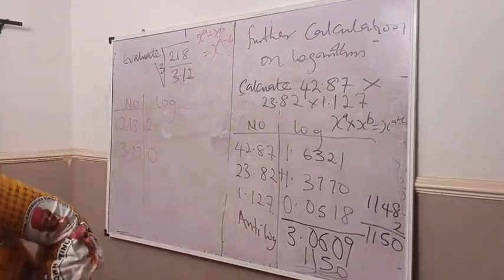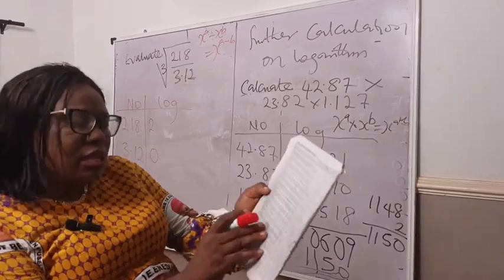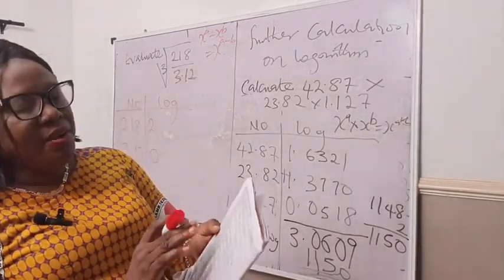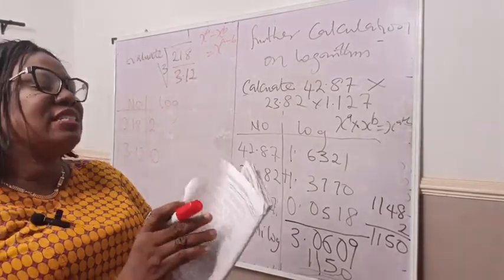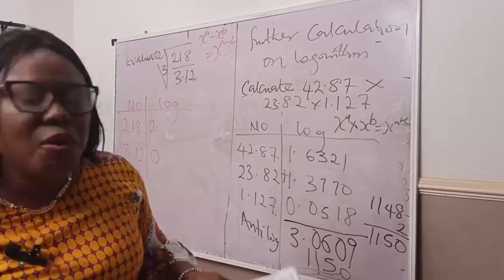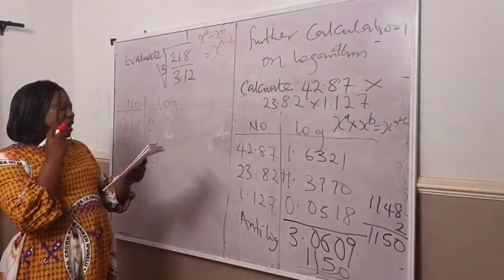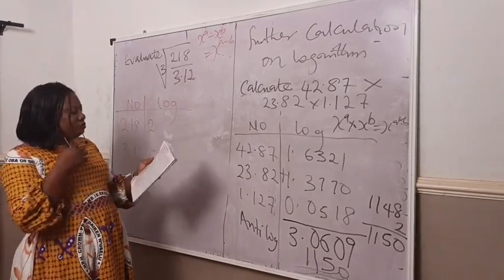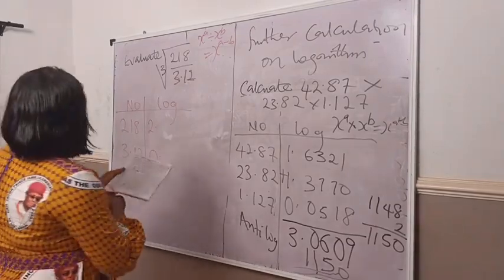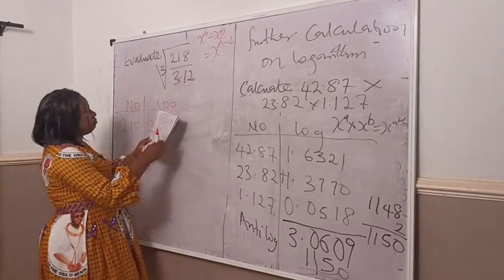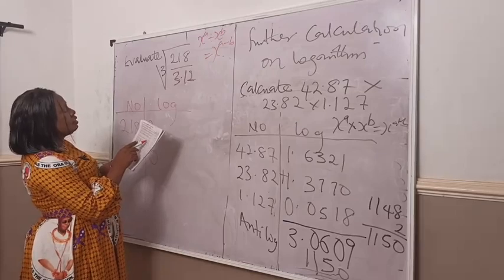So I go to my 4-figure table. If I go to the 4-figure table, I don't just rush. I read the heading. I'm on anti-logarithm, so the first thing is to return back to logarithm. I look for 21 under 8.